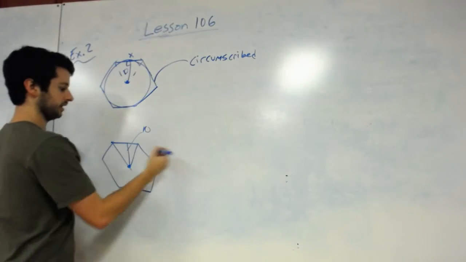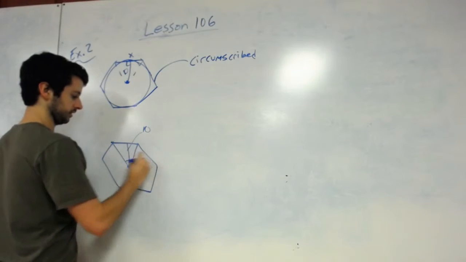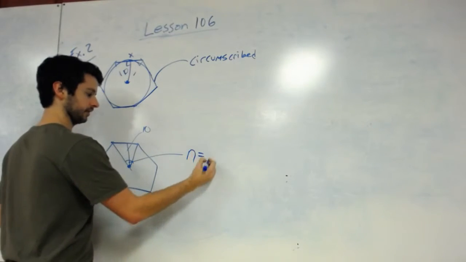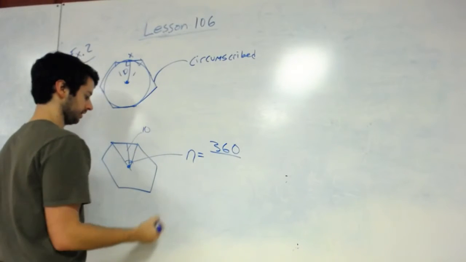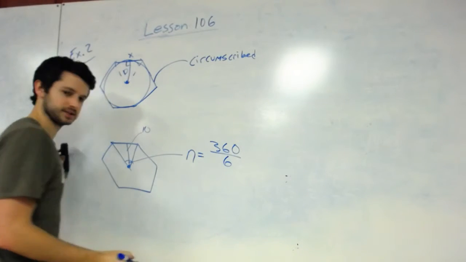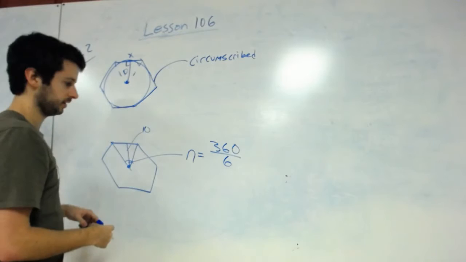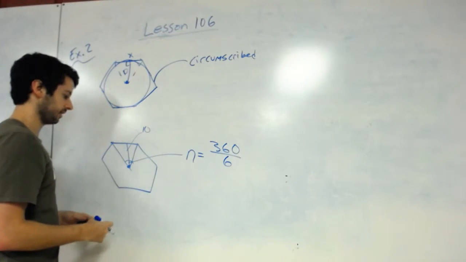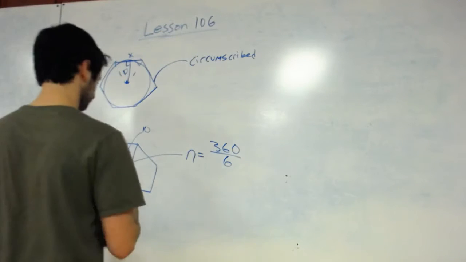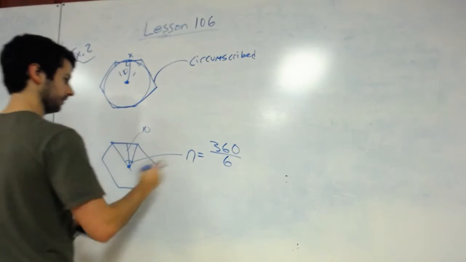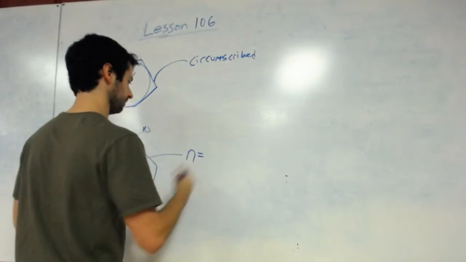Once again, we can know what this degree is by doing 360 divided by the number of sides, which in this case would be 6. That's how we find our central angle. So each central angle here is 60.